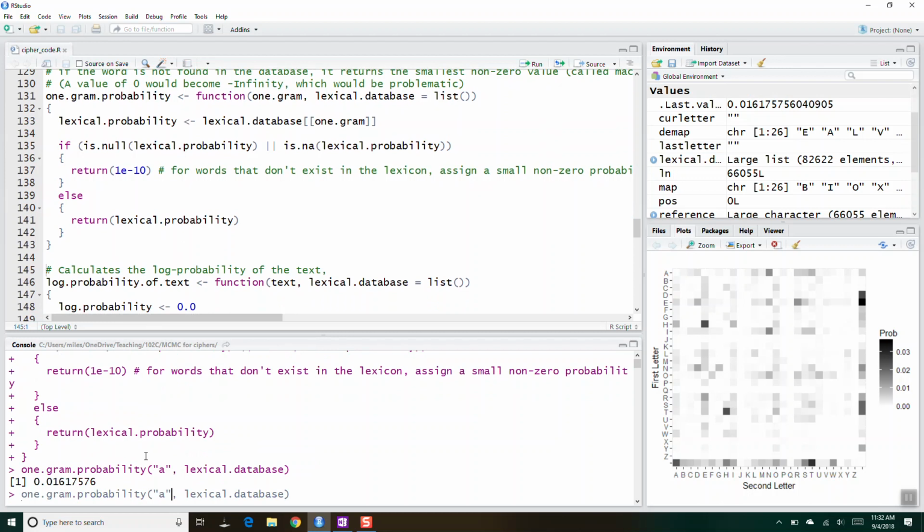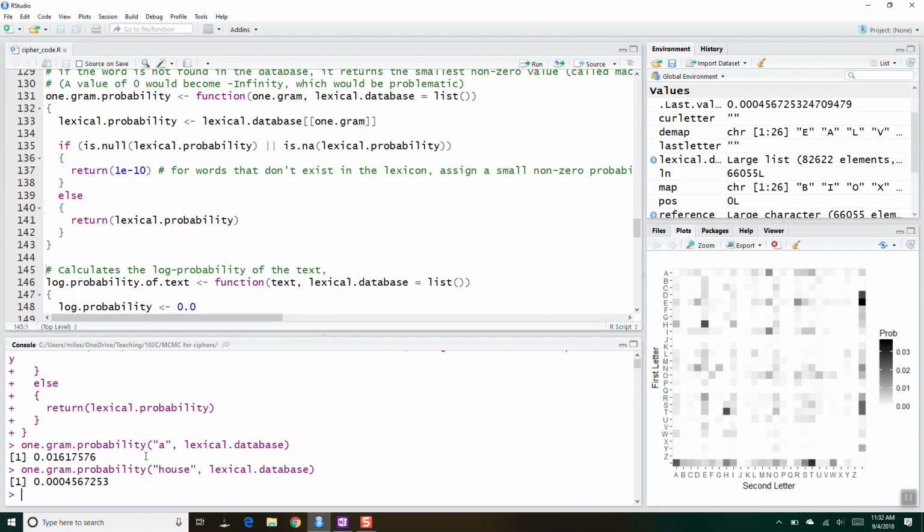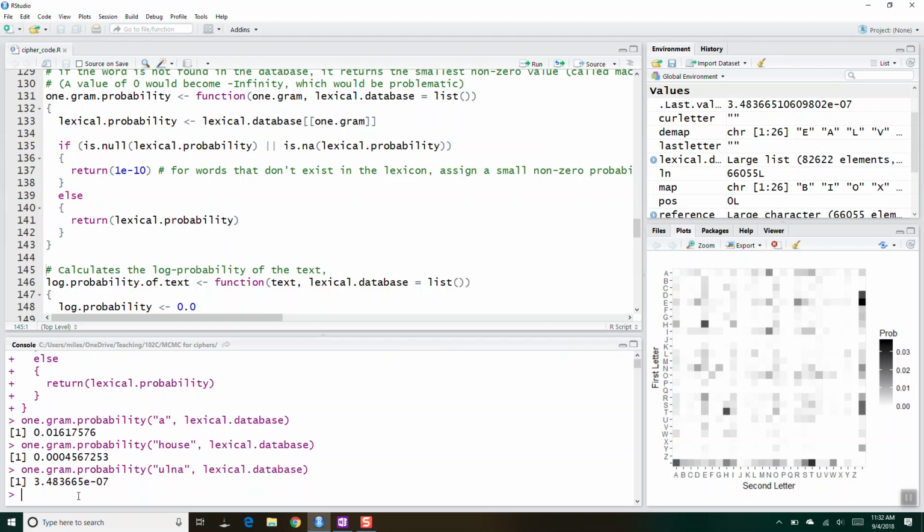And we can say, what's the probability of the word house? And the word house has that. Let's see what the probability of ulna is, which is a real word for the bone somewhere in your arm. It exists, but it's very low, right?